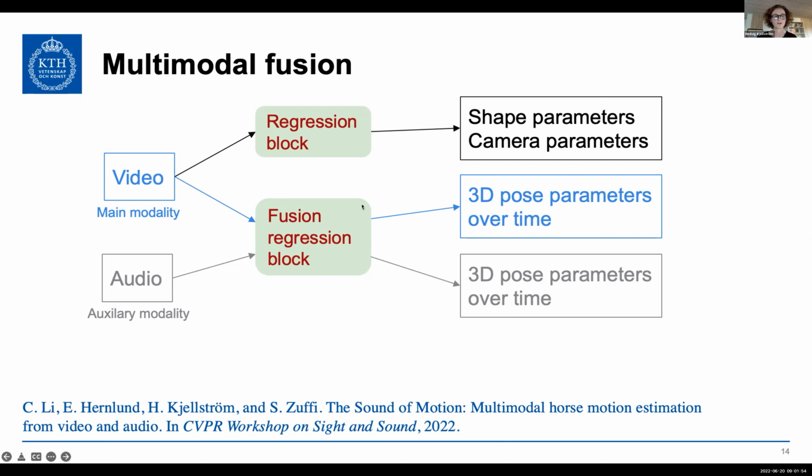So it has learned correlations between the two modalities. And we also have a separate block where we estimate the shape of the horse, which of course is very hard to infer from the audio modality. And we also estimate the camera parameters.